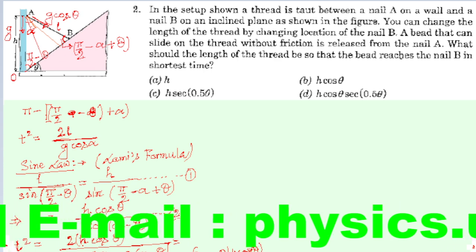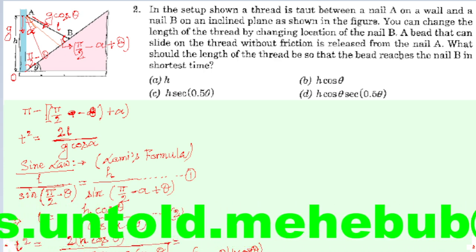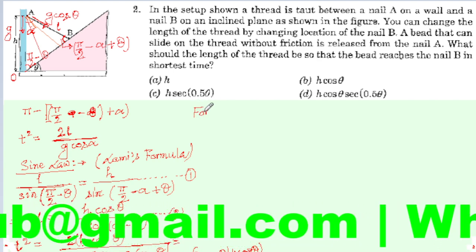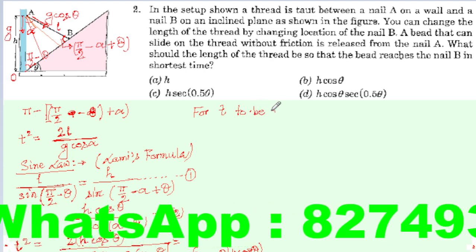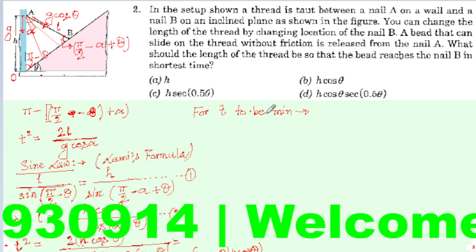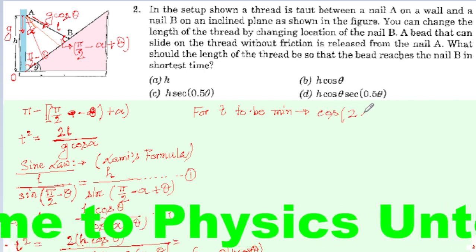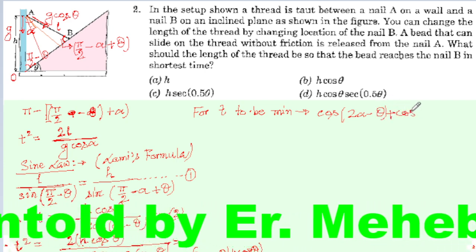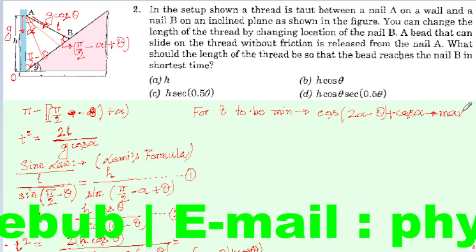For getting the minimum time T, the value of the denominator of this term, that is cos of 2 alpha minus theta plus cos theta, should be maximum.